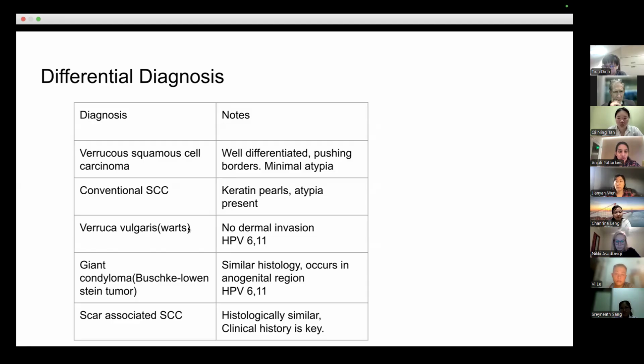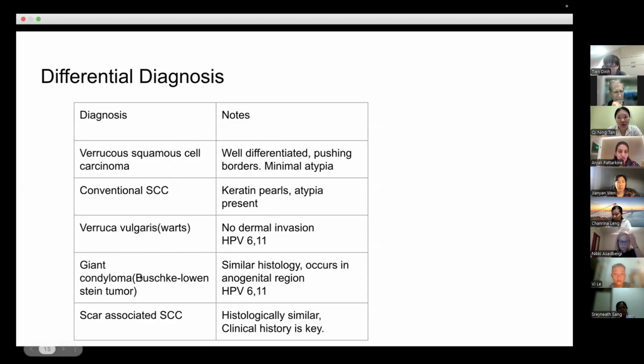It's usually histologically similar, but there is no dermal invasion, and it will be HPV 6 and 11 positive. That's why it's important to do a deep tissue collection. Otherwise, if you do a superficial tissue collection, you will get confused between the verrucous squamous cell carcinoma and the warts, because the superficial layer is histologically similar.